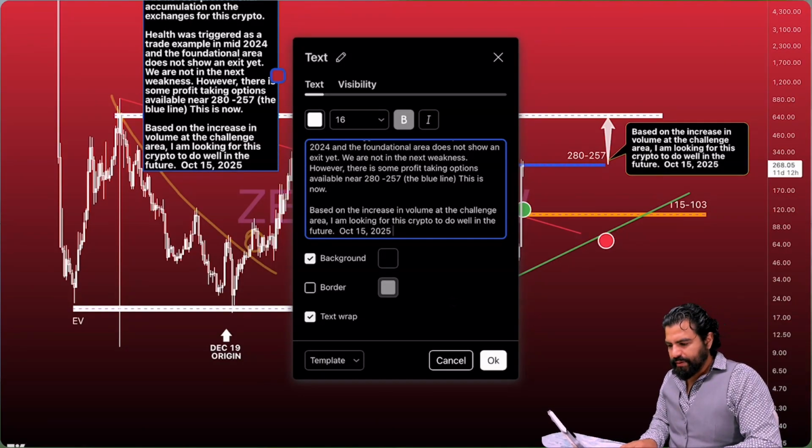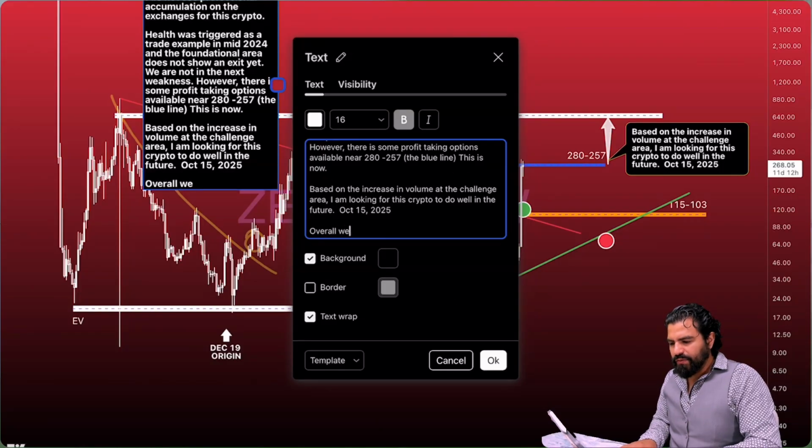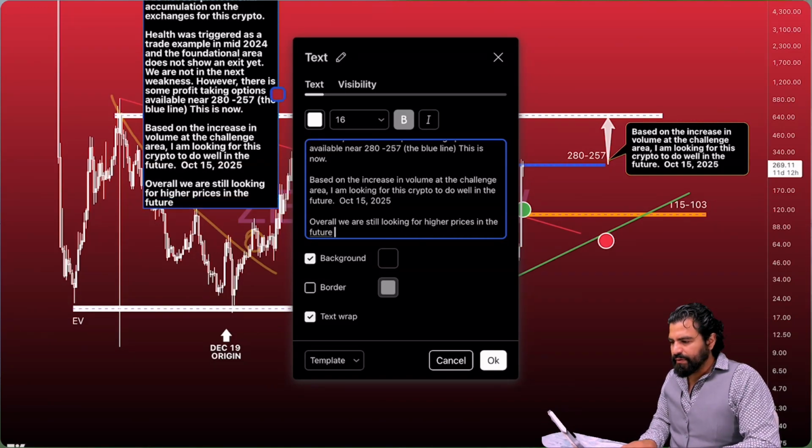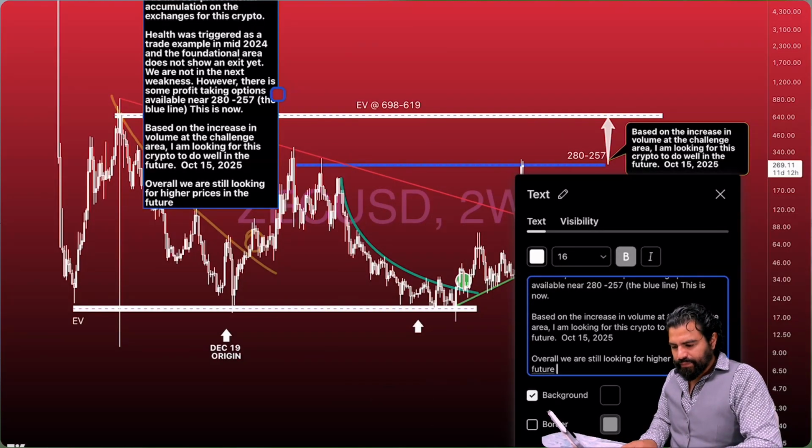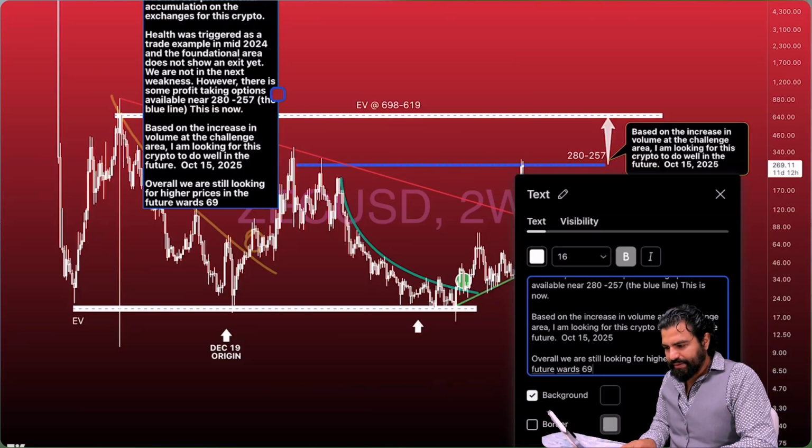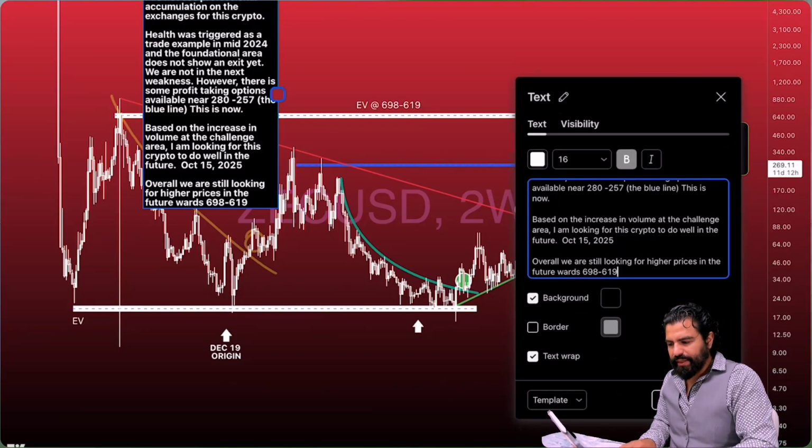Higher. Overall, we are still looking for higher prices in the future towards 698 to 619. Okay, based on our map today.